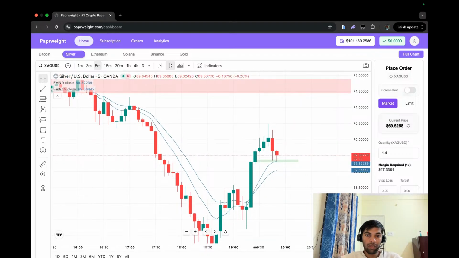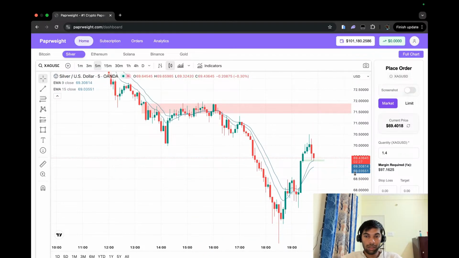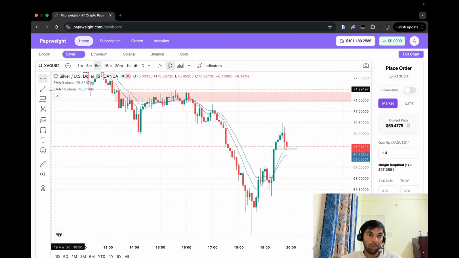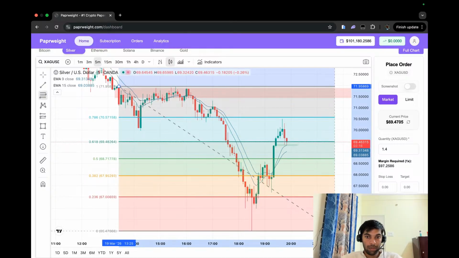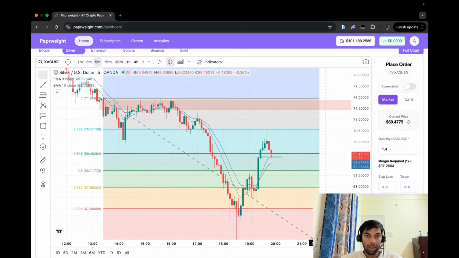One more thing that we can consider is this. Let me draw the Fibonacci retracement. Is this from here, or from here to here? Okay, from here to here, this is the top of the previous swing, and this is the bottom of the previous swing.